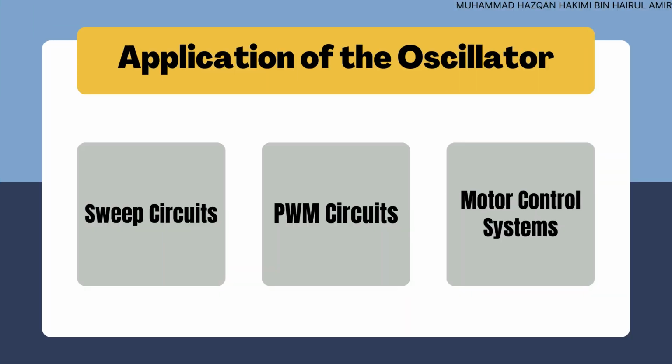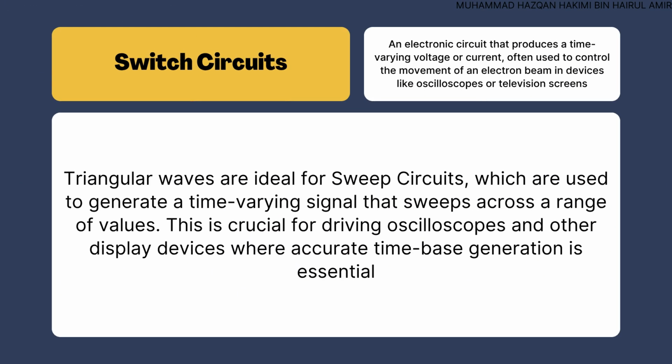Applications of the oscillator. There are three types of application of the oscillator, which are sweep circuits, PWM circuits, and motor control systems. For sweep circuits, a sweep circuit is an electronic circuit that produces a time-varying voltage or current, often used to control the movement of an electron beam in devices like oscilloscopes or television screens.